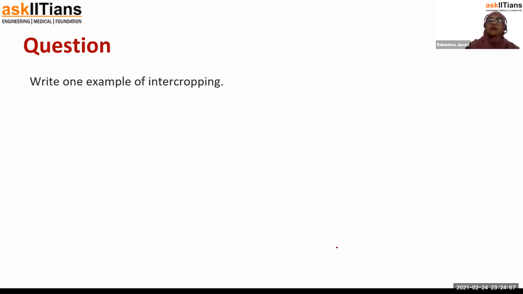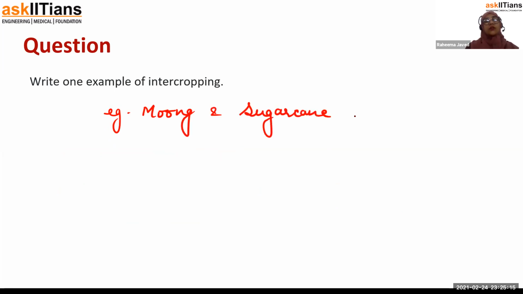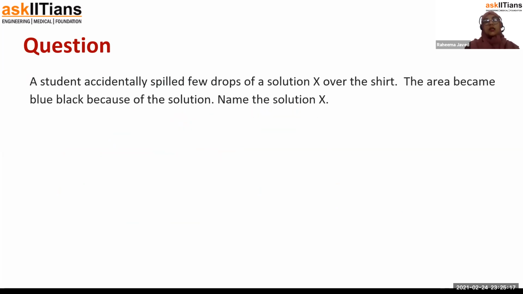Okay. And with this, we are going to move on to the next example. In one example of intercropping, in this question, we saw in the picture how moong and sugarcane were grown together. Next question is that a student accidentally spilled a few drops of a solution X over the shirt, and the area became blue black because of the solution.